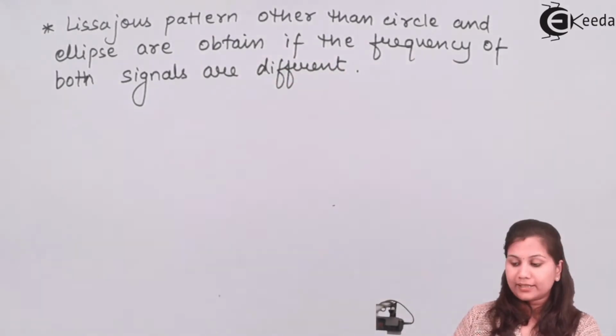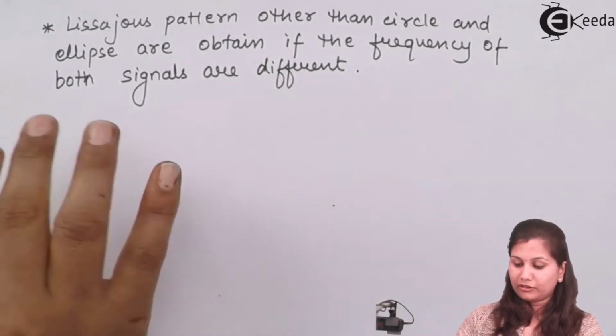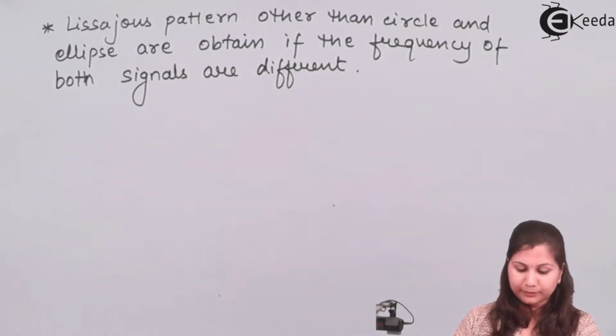Now, how will we get the frequency if we are not getting an ellipse or a circle?